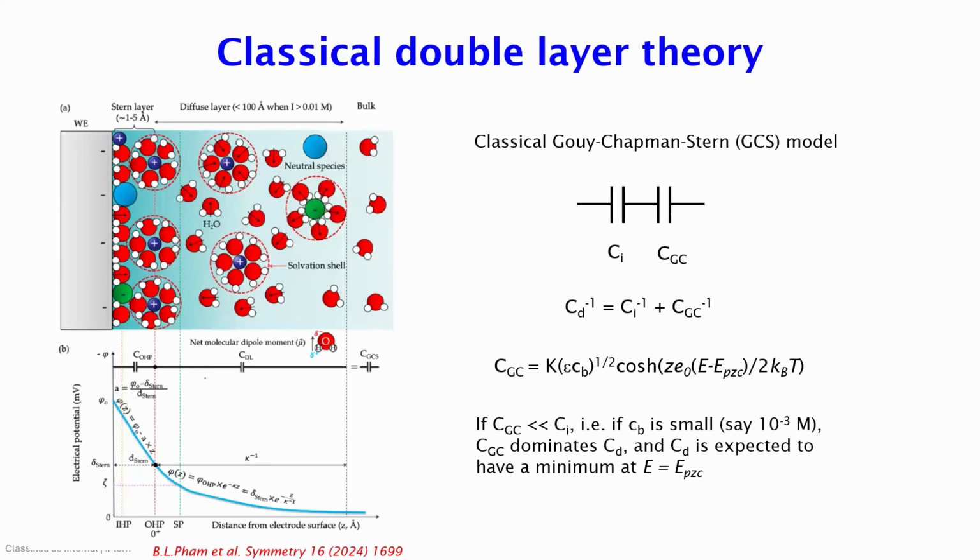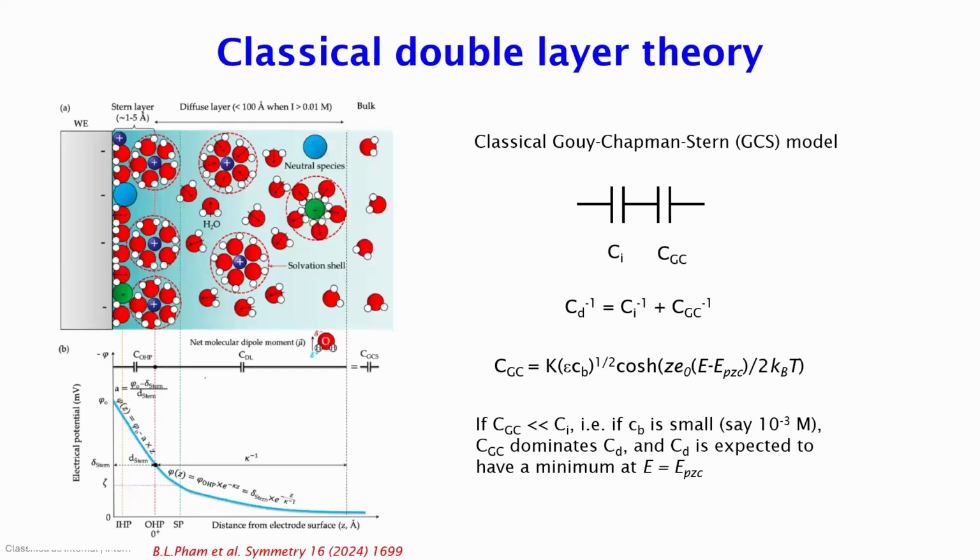Now you can see that if we go to low electrolyte concentrations, this capacitance becomes very small and starts to dominate. So at low electrolyte concentrations, we expect to see only the Gouy-Chapman part of the capacitance. That also gives us a means to determine where the potential of zero charge is. If we're in a potential window where we know our system behaves like this, we could go to low electrolyte concentrations, and then at the potential of zero charge, a minimum is expected for the capacitance.